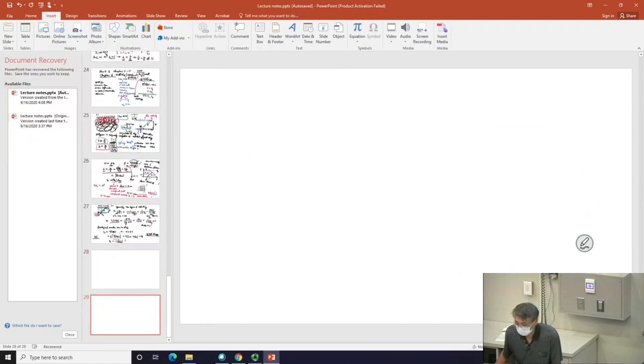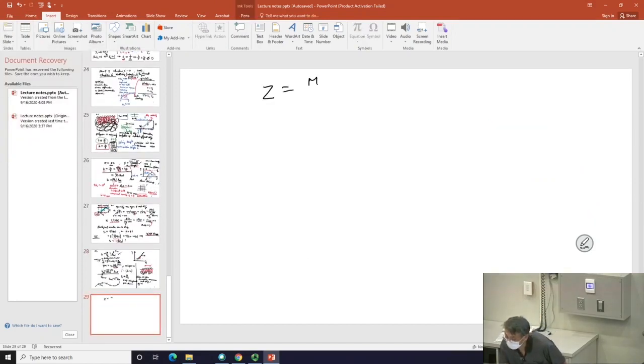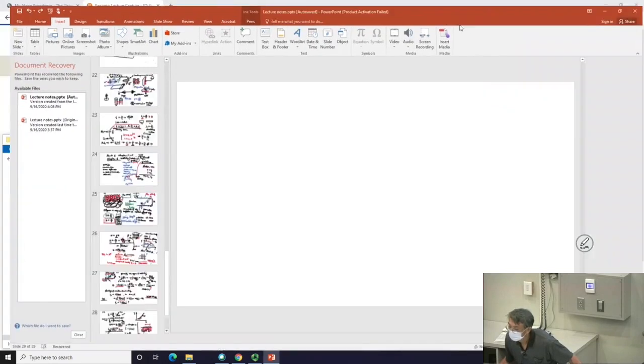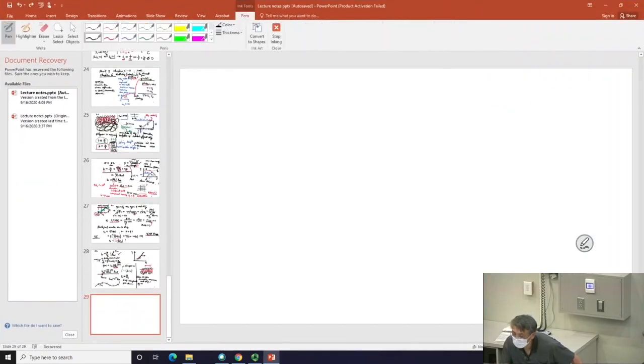Let me just rewrite this again. B max is M over M_E to the 3.4 power.